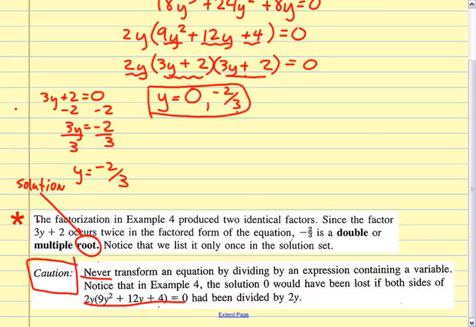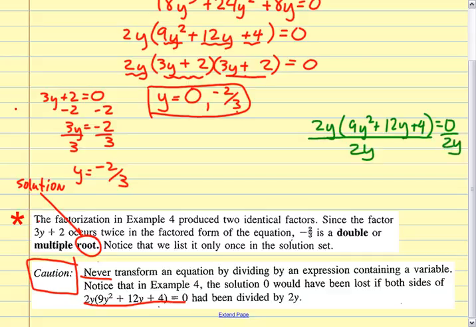Okay? Because look, if I had 2y times 9y squared plus 12y plus 4 equals 0, if I divide this side by 2y and this side by 2y, that just cancels, right?